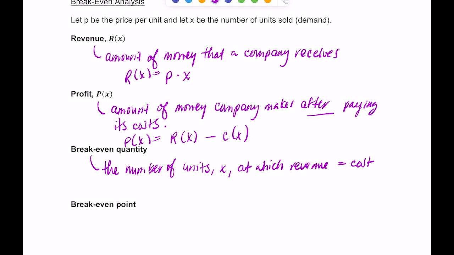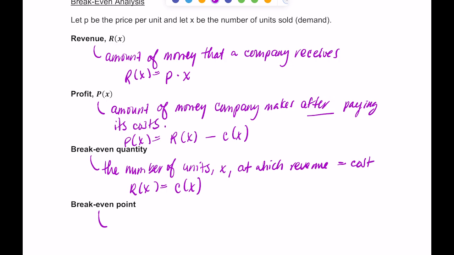So the amount of money that you put into manufacturing that product is the same amount of money that the company receives. So here in equation form, it's just telling me R of X equals C of X. Okay, which also tells you that there is no profit, right? So P of X would just equal 0.